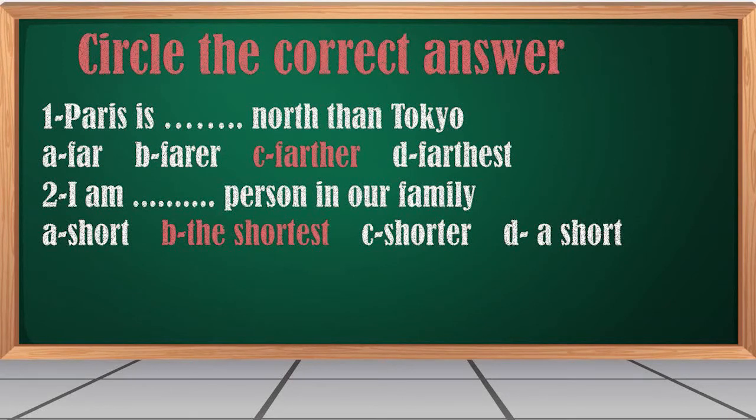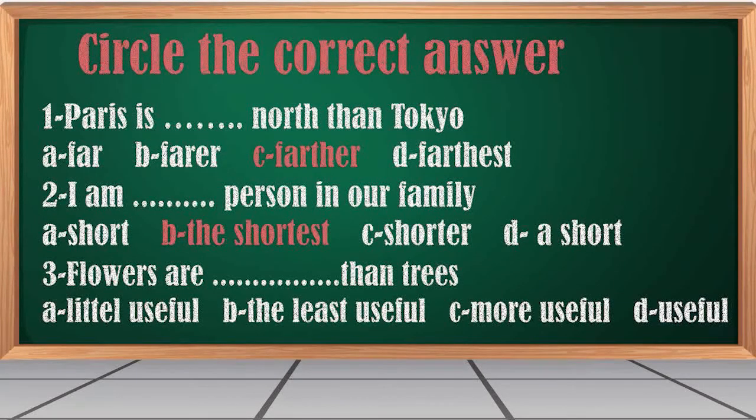Number 3: flowers are (A) little useful, (B) the least useful, (C) more useful, (D) useful than trees. Useful has 2 syllables.